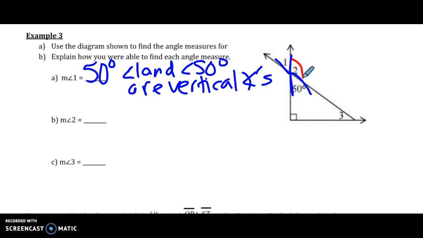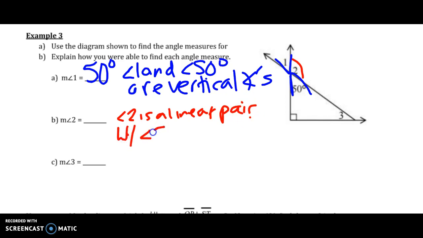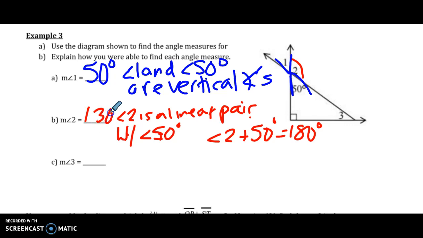Well, angle 2 is a linear pair with the 50 degrees, and so we know those sum to 180. So angle 2 plus 50 degrees equals 180, which means that angle 2 is 130 degrees.